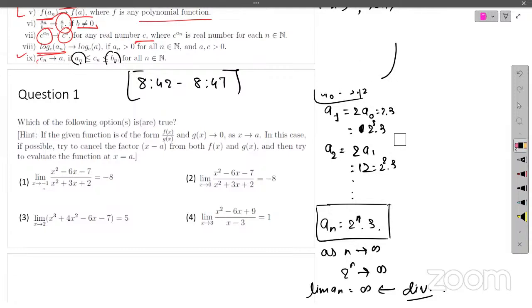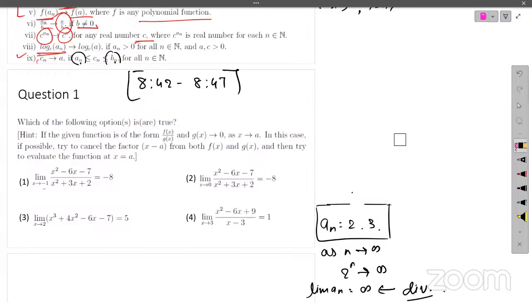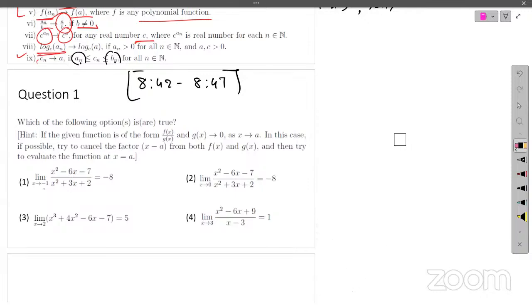Ma'am, after factorizing, we have to substitute x equal to -8, right? For this first one, we have to equate everything. Yes, by finding the value, you have to equate it to the right hand side and then choose the correct option. You have to first find the value and then see whether it equals the right hand side or not.